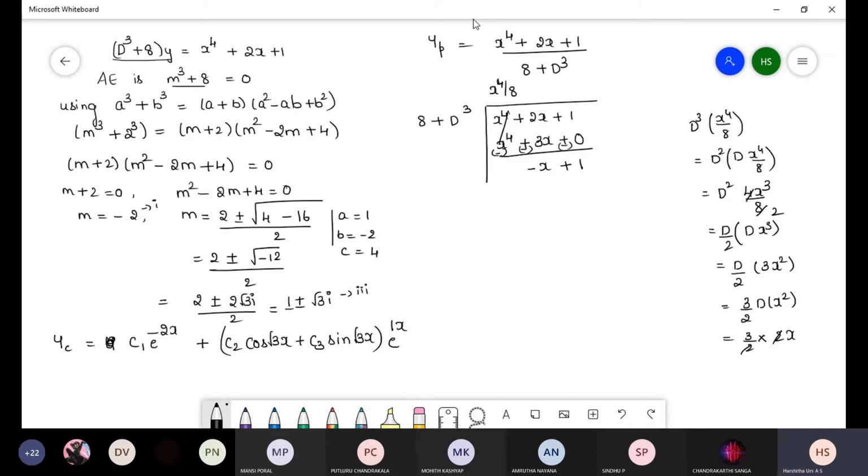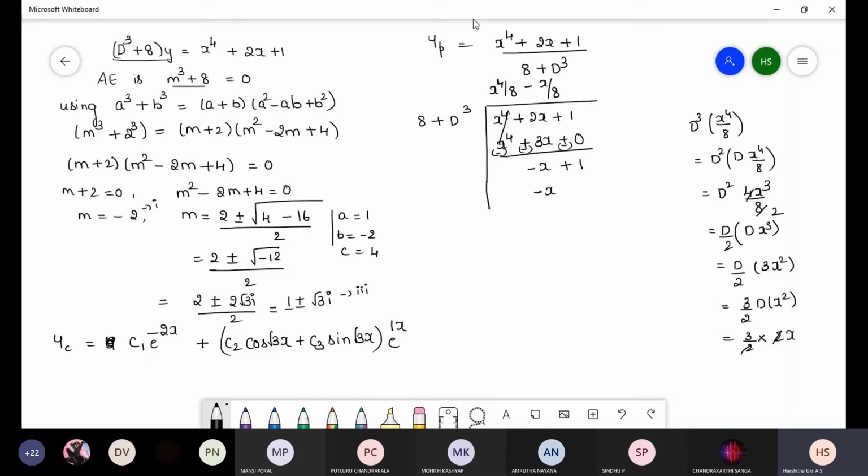Next, to get minus x in this place, we have to multiply 8 with minus x by 8. So 8 will get cancelled, remaining will be minus x.